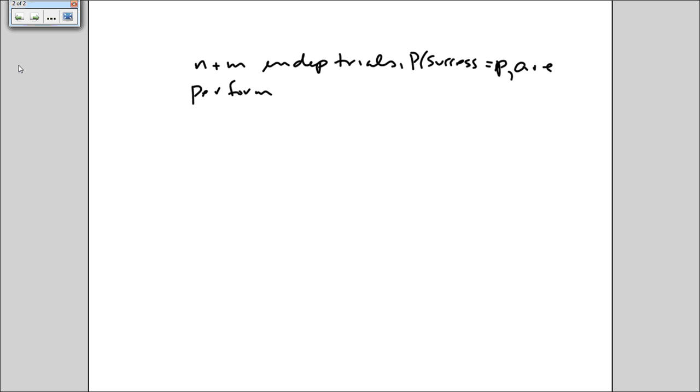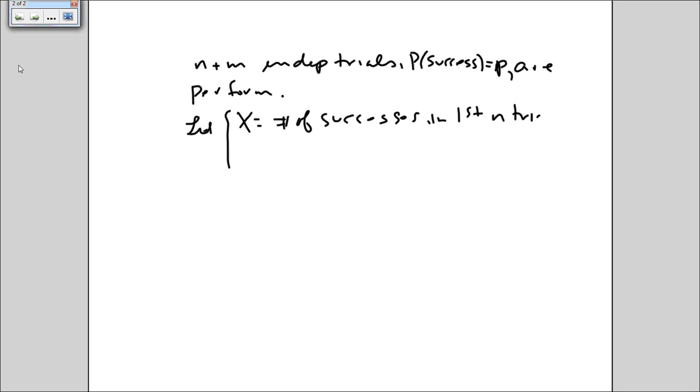N plus M independent trials, where the probability of success is P, are performed. X is the number of successes in the first N trials, and Y is the number of successes in the last M trials.